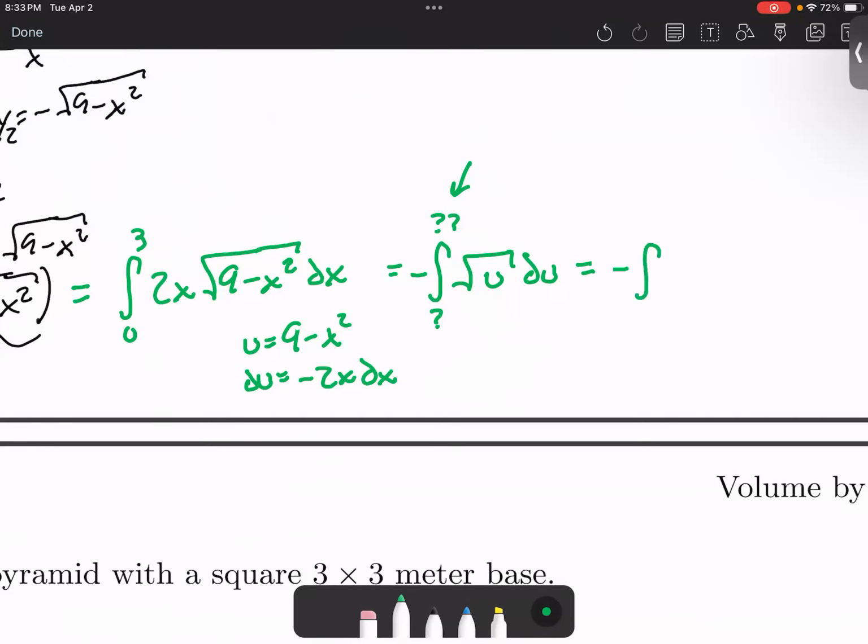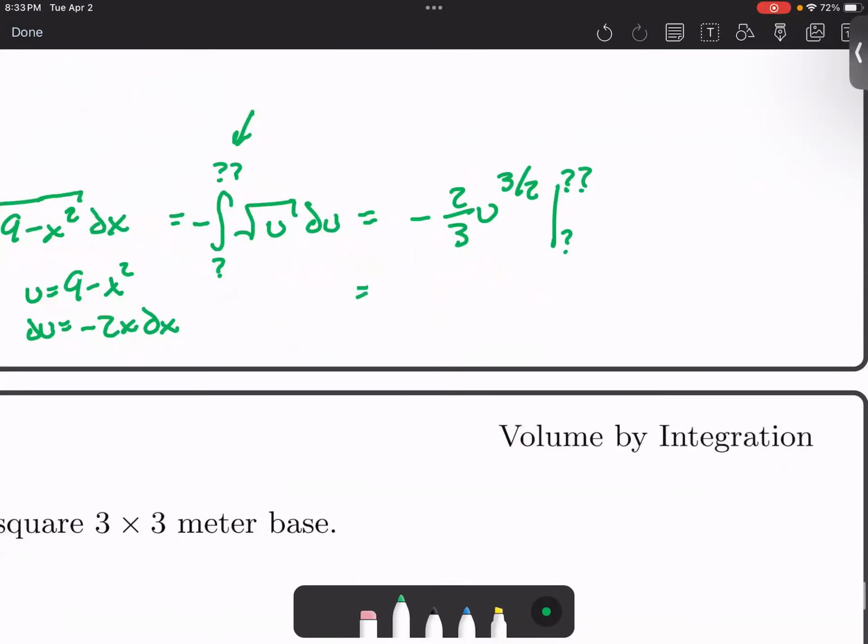Actually, I'm ready to integrate now. This is minus the integral of u to the 1/2, which is u to the 3/2 divided by 3/2, integrated between the unknown bounds. The reason I don't want to find those is because I don't have to. I'm going to take that u variable right back to x. And now that we're back in the land of x, the bounds are between 0 and 3.